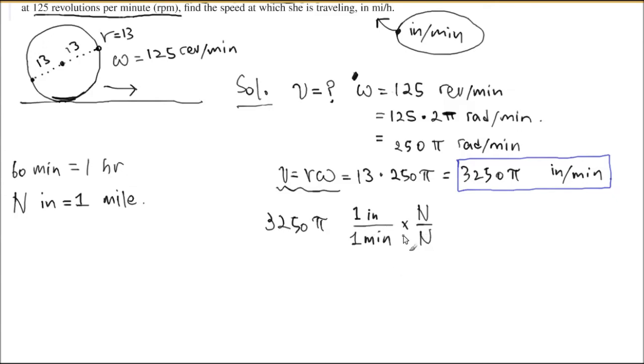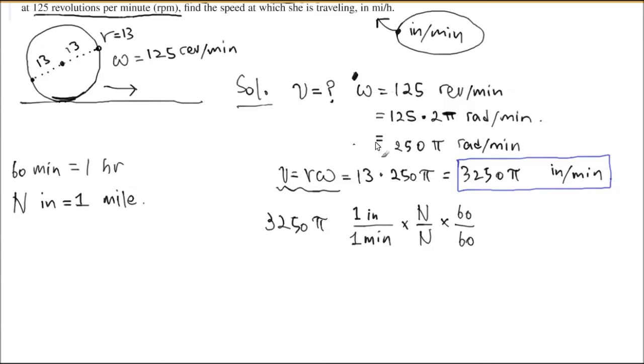Whatever that n is, let's say it's roughly 3,000. We want to change 1 minute to 1 hour, right? What do you need for that? 60. You can't just multiply by 60. You have to multiply 60 up there and 60 down there, so that it does not change the quantity. But we can rearrange it so that you can change all the units. That's the principle behind the conversion of all the units.